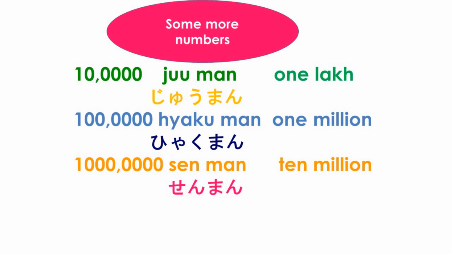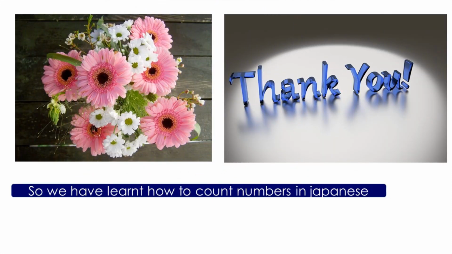Be aware of the commas that I have used so that you can get reference very easily how to make larger numbers too. I hope you all must have understood what I was trying to tell you. So please follow these instructions, then you will be able to make the counting in the same manner and you can count any number in Japanese.